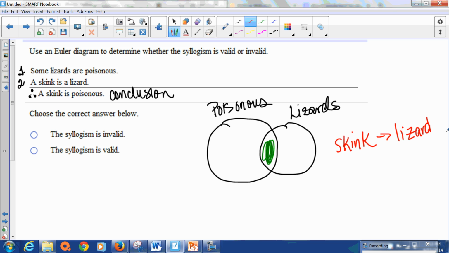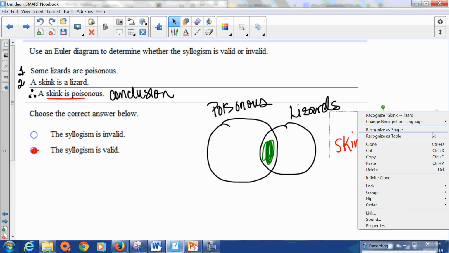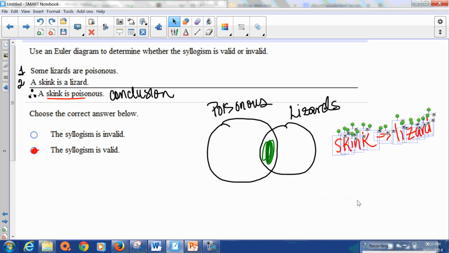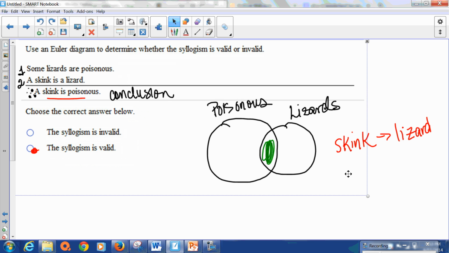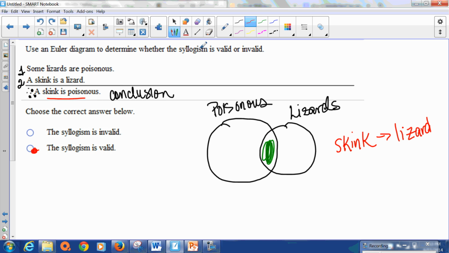Can I then make the conclusion a skink is poisonous? No. This is invalid. You don't know if it's poisonous. I know it's a lizard, but if I was going to put this lovely little skink in here, I don't know if I'm putting the skink into the poisonous part or the not poisonous part.